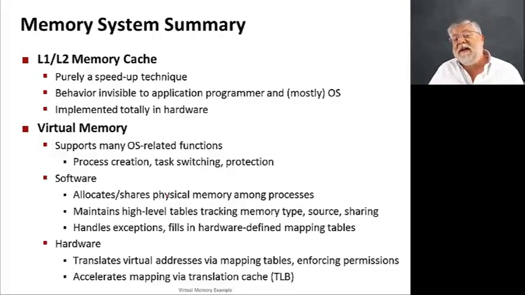Virtual memory, on the other hand, needs the operating system to step in. It needs the operating system to create and kill processes, switch between processes, to help it with protection, and also to help it with getting pages from disk and bringing it into physical memory. The software that is involved in the virtual memory system allocates and shares these pieces of physical memory among the processes.